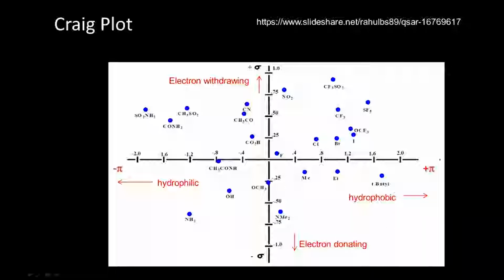Whereas in this quadrant, we have electron donating and hydrophobic substitutions. In this quadrant, we have hydrophilicity as well as electron donating, OH type of substitution, NH2. They are more hydrophilic as well as they donate electrons. In this quadrant, we have CONH2, CN, COOH, and so on. They are electron withdrawing as well as hydrophilic.